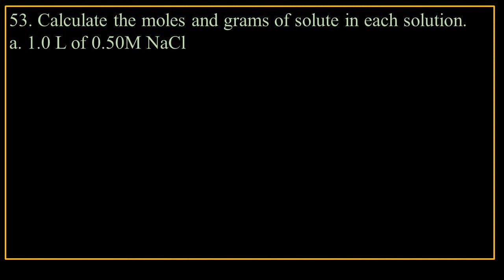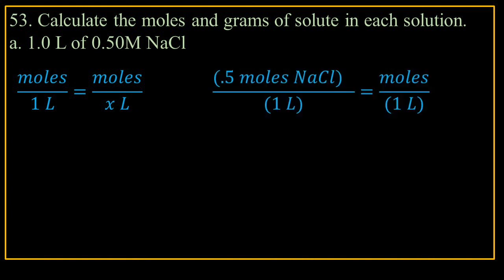Calculate the moles and grams of solute in each solution. 1 liter of 0.5 molar sodium chloride. Well, so it will be 0.5 moles, and you could cross multiply and divide there. It's X liters underneath the moles on the right side of the equation. And then a half a mole of sodium chloride would be half of 58, which would be 29 grams.